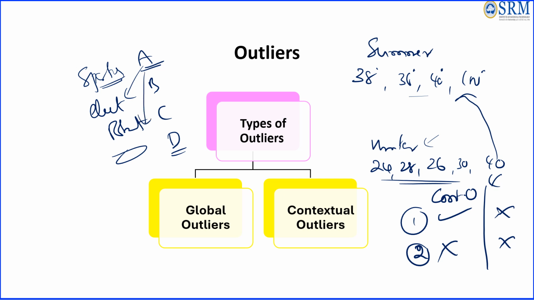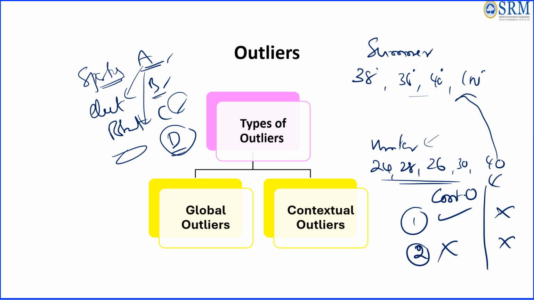So A is a contextual outlier because he is welcomed in sports, but not in electronics and robotics. Whereas B is good in electronics, but not at sports or robotics. So B is also a contextual outlier. Whereas C is good at robotics, but not at electronics or sports. So he is also a contextual outlier. But this D guy is not good at sports, electronics or robotics, so he is a global outlier.